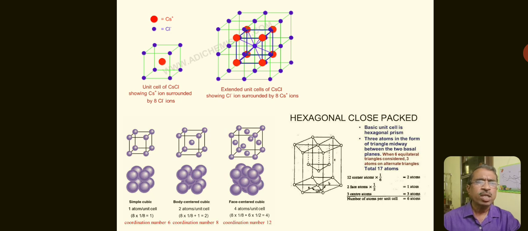Next, 2 atoms are there in the faces, 2 into 1 by 2 will be 1 atom in each face. And 3 atoms are there in the hexagonal cell itself. So therefore it is 3 plus 2 plus 1. So totally 6 atoms are there in the hexagonal close packed structure. This is how the number of particles per unit cell is calculated.